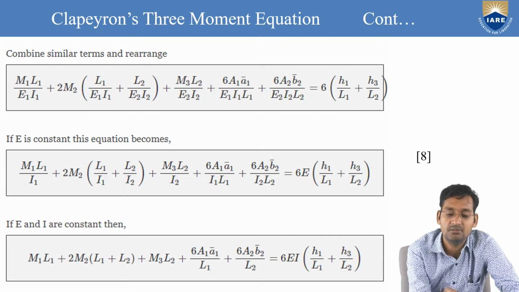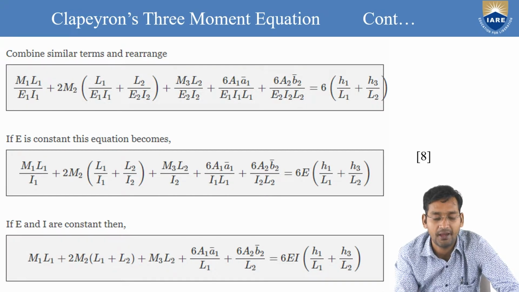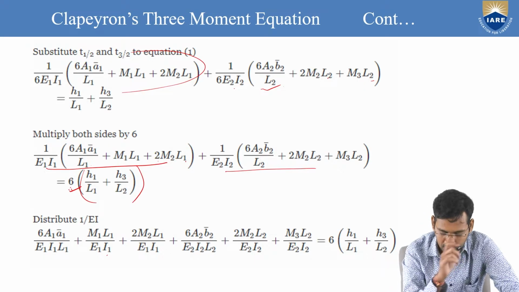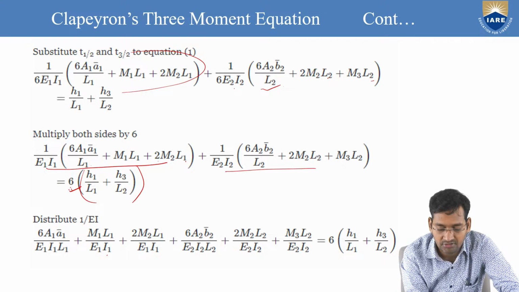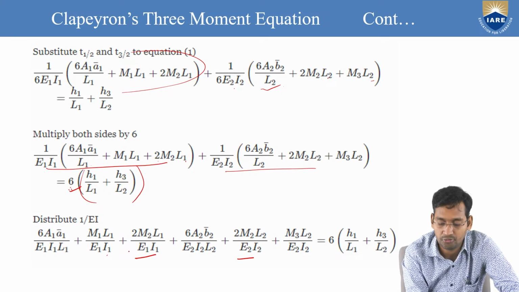Okay, combine similar terms and rearrange. So take L1 on one side, M1 on one side, M2 on another side, whatever the same combined terms are there. Here we can combine only M2; the other things are different. So by combining, after taking 2M2 common for these two terms, 2M2, what will be here?